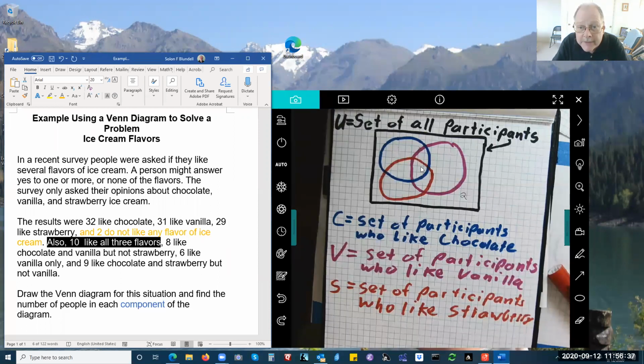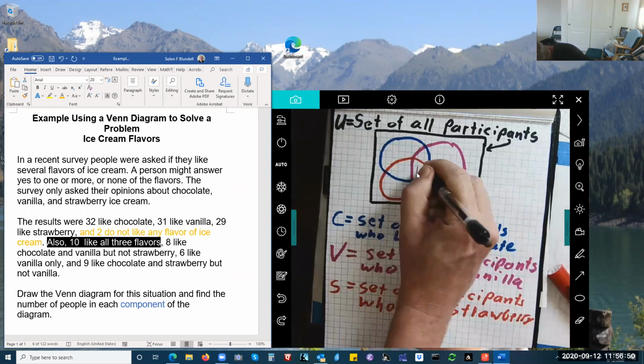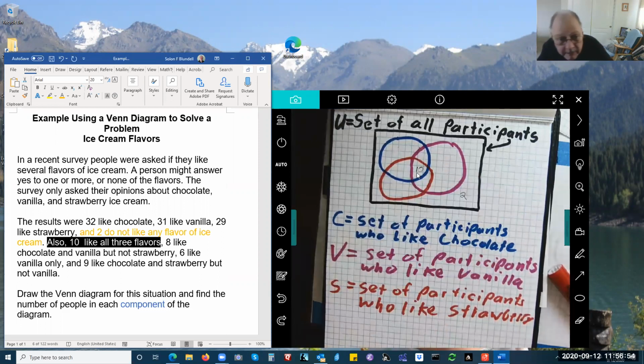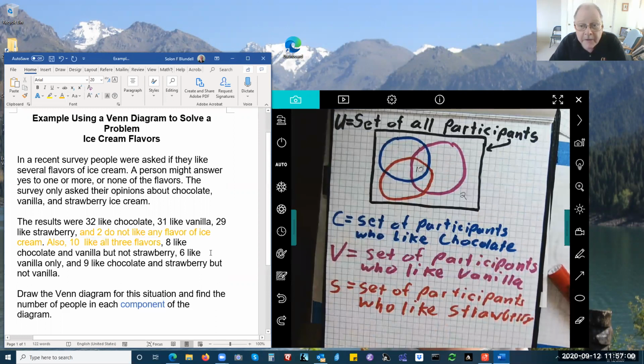He's in all 3 of them. He's in the triple overlap. Person who said yes to all 3 flavors. That would be me. Okay, so there's 10 people in there. So we've used up those 2 facts.